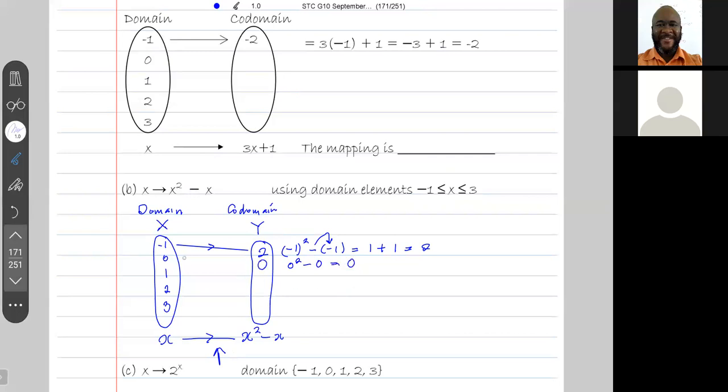So 0 in the domain is mapped to 0 in the codomain. Here, this is 1 squared minus 1. 1 squared is 1 minus 1, and I still get 0. So 1 is also mapped to 0.